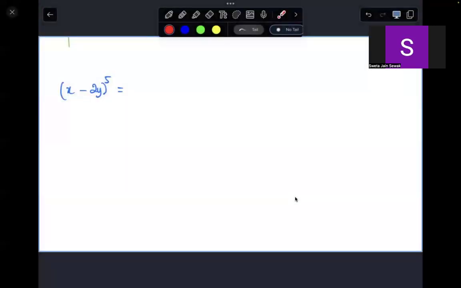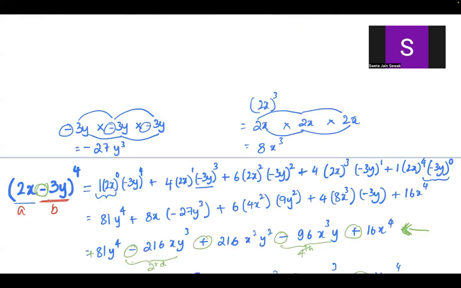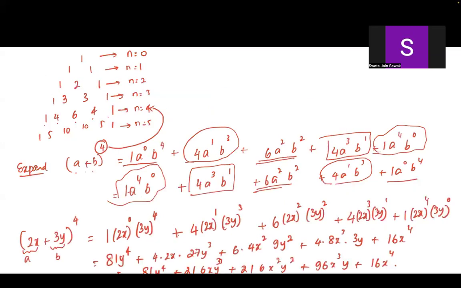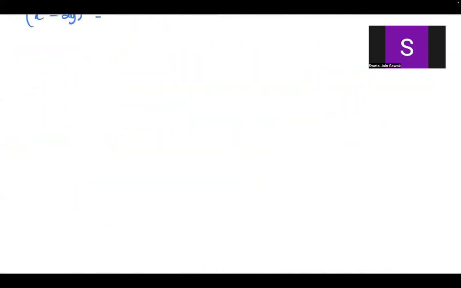So let's see what will be the expansion of x minus 2y to the power 5. First of all, write all the coefficients. And if you recall the Pascal's triangle, when n is equal to 5, then my coefficients are 1, 5, 10, 10, 5, 1. So I'm going to write all of these coefficients here first. And it will require longer space.